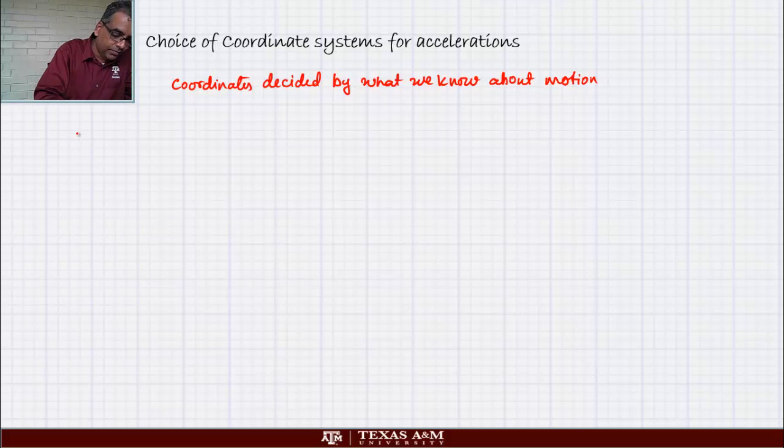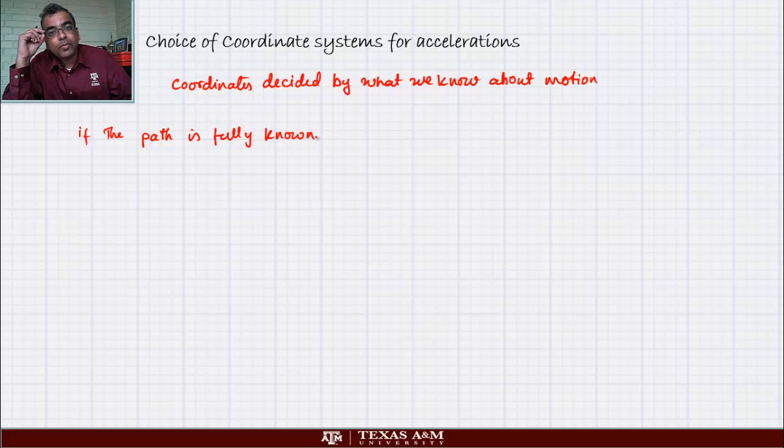So, if the path is fully known, what do I mean if the path is fully known? For example, if it's a baggage handling or a materials handling system, we know where this thing is going to go, exactly the path it's going to take, right? Those kinds of extremely controlled situations, we are going to use what are called path coordinates.